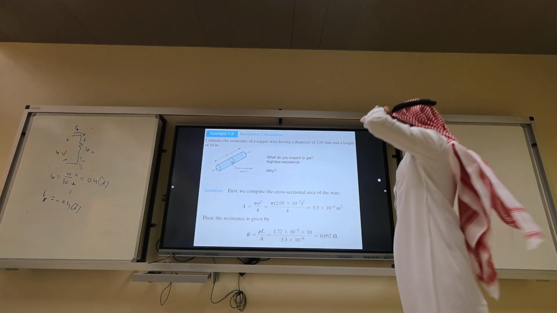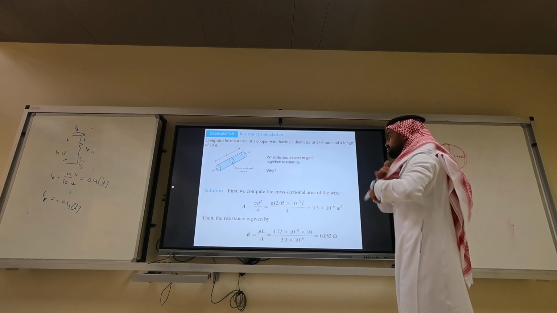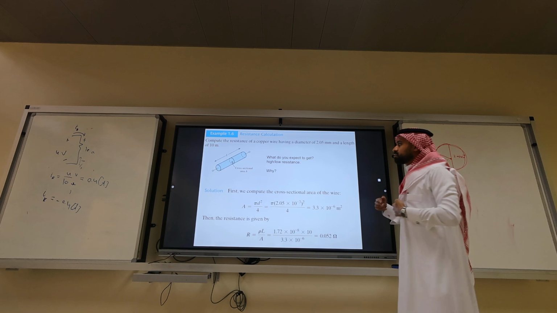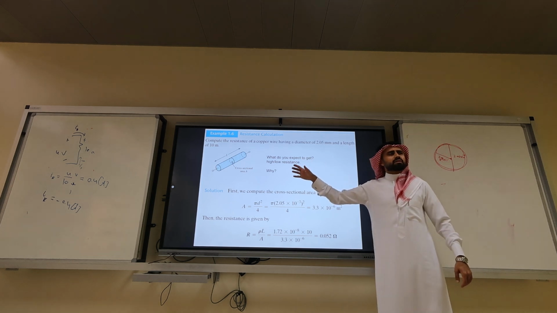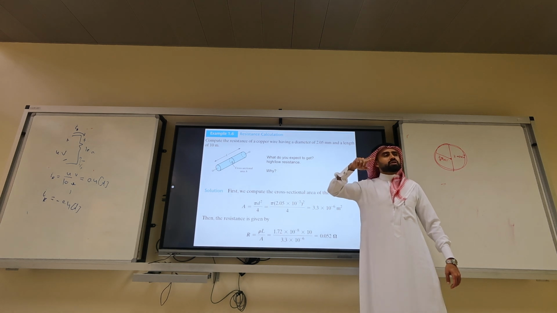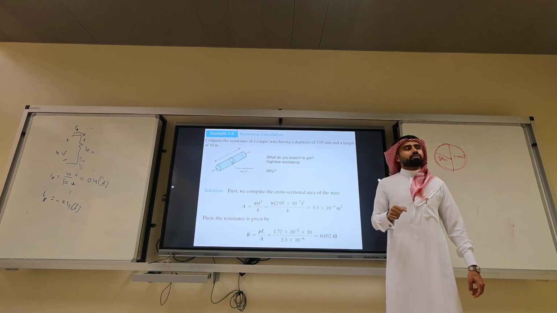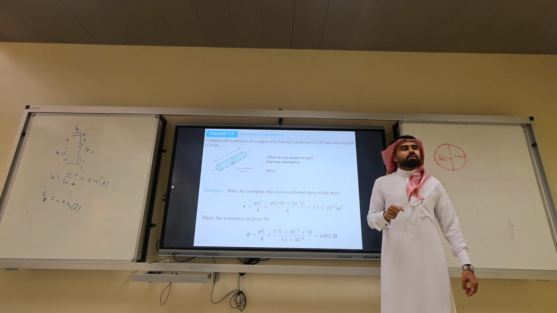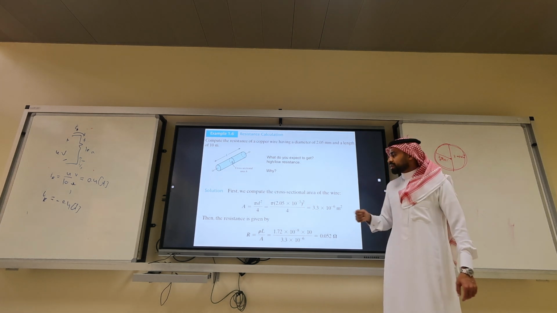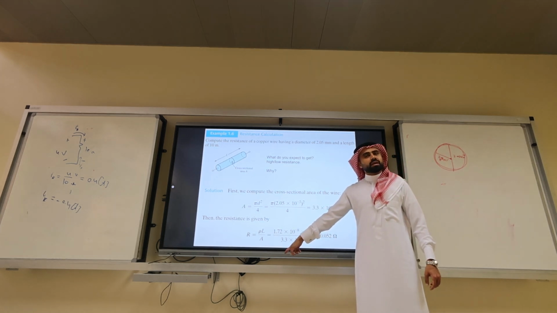There is a question. What do you expect to get? High or low resistance? Well, it's irrelevant. Depends. So let me ask you a question, because they love these questions in Physics 102. What will happen if I increase the diameter by 4? The area will be multiplied by 16. The resistance will be divided by 16.